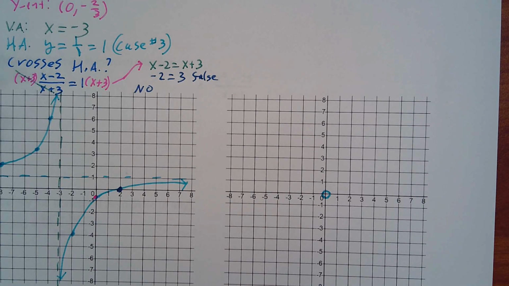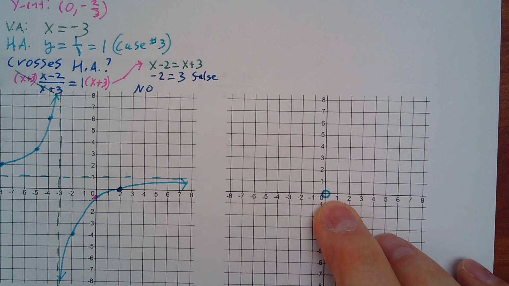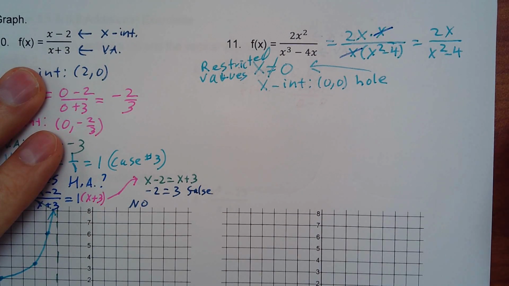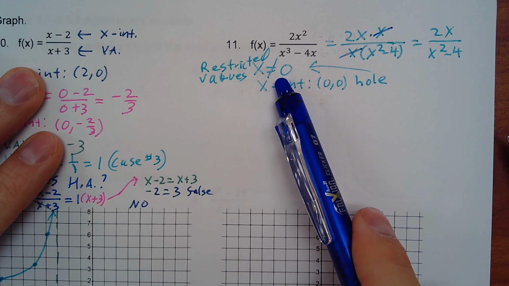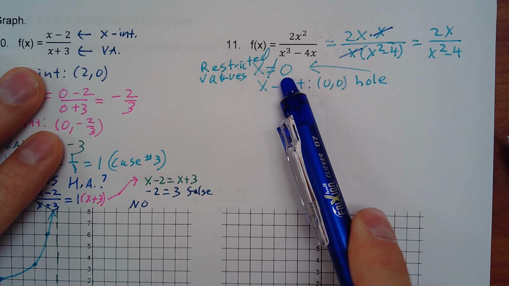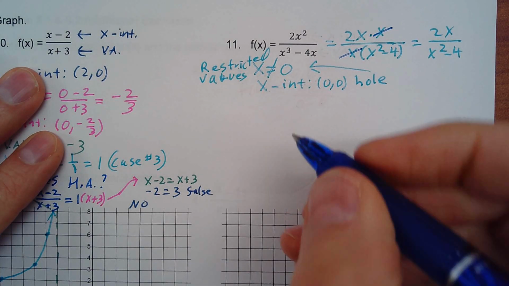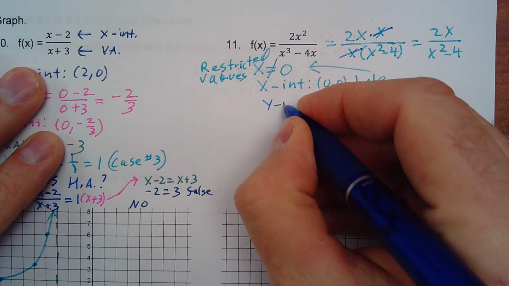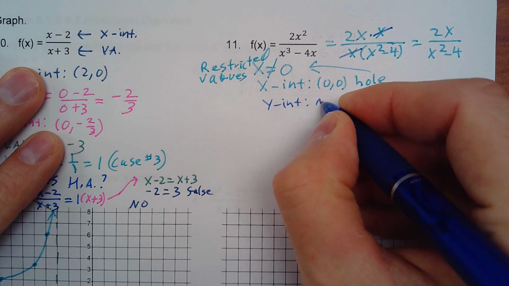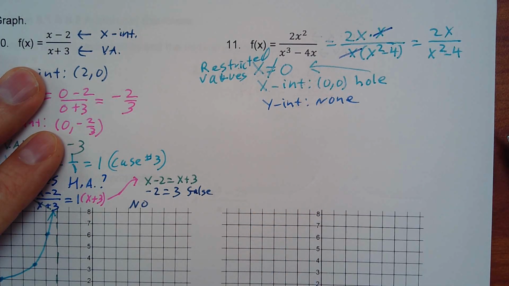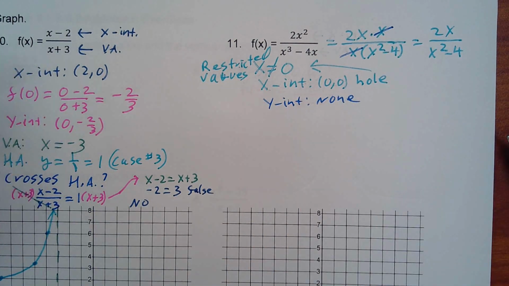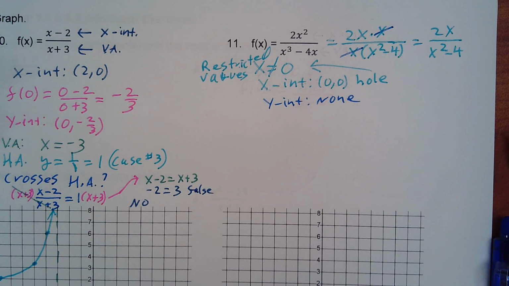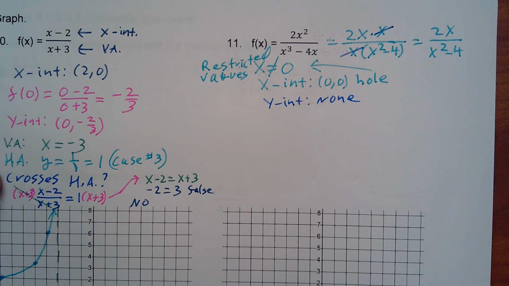Now I'm going to pretend that it actually is an x-intercept, but I'm just going to leave it as an open circle. Y-intercept, well, there is no y-intercept because x cannot be equal to 0. So technically there actually is no x-intercept either because it's actually a hole here. But I'm going to just kind of pretend that it is.